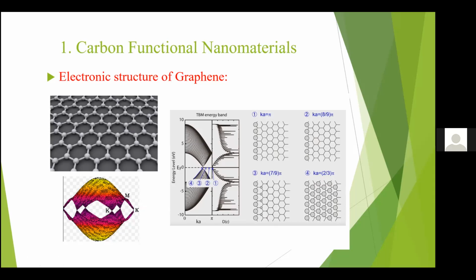The behavior of electrons in graphene is described by a relativistic Hamiltonian called the Dirac Hamiltonian.